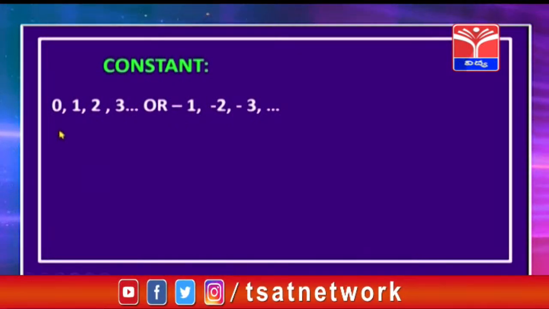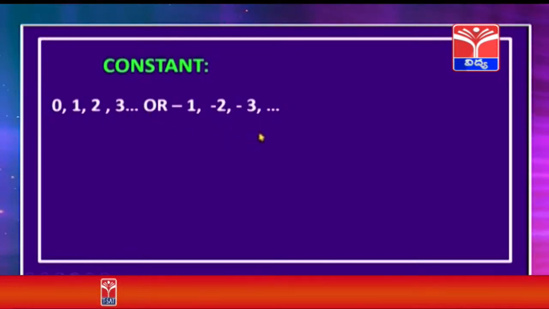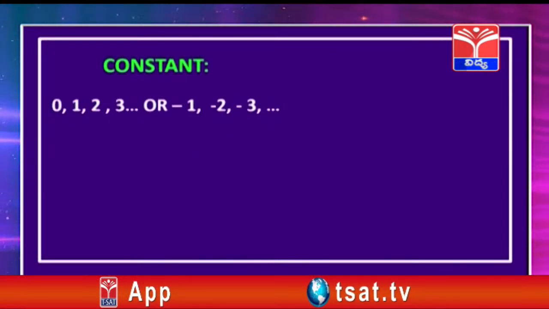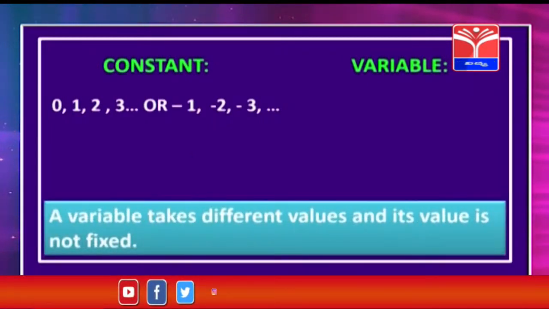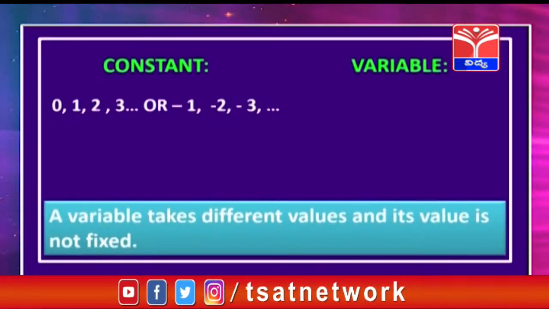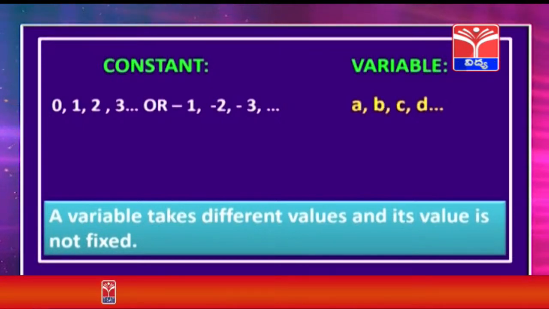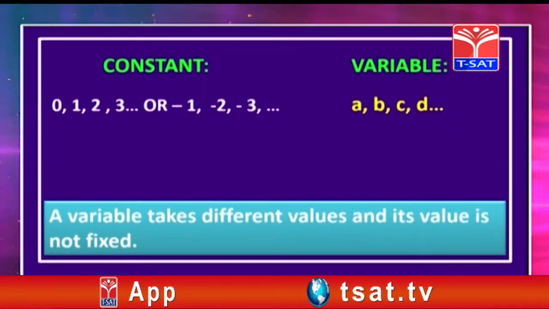Like here if you notice 0, 1, 2, 3, and so on, or maybe minus 1, minus 2, minus 3, and so on. So whose values are fixed, they are called constants. Now variable means it takes different values and its value is not fixed, it keeps on changing. And we denote the variables as A, B, C, D and so on, the letters in the English alphabet.